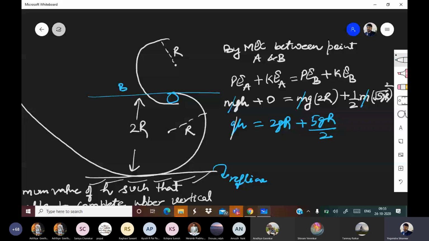G cancels. h comes out to be (2 plus 5 by 2) r, which is 9r by 2.